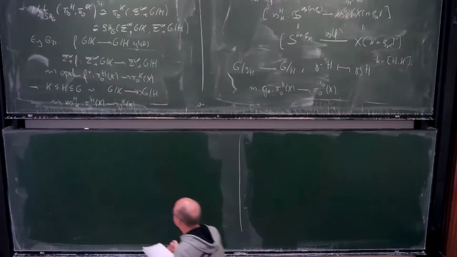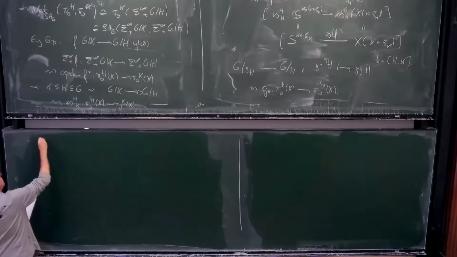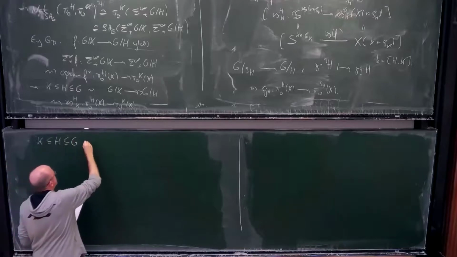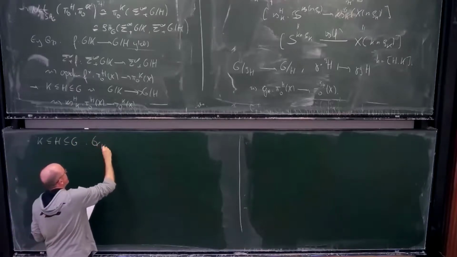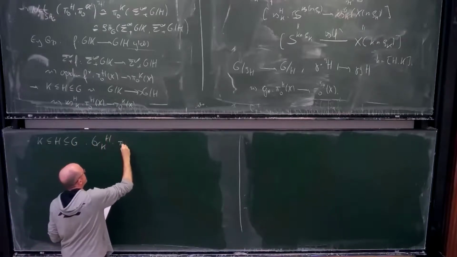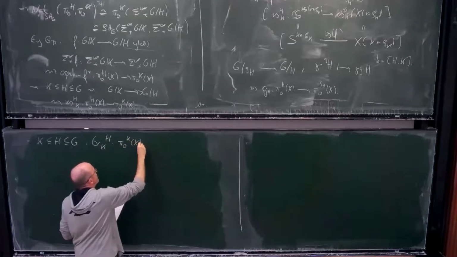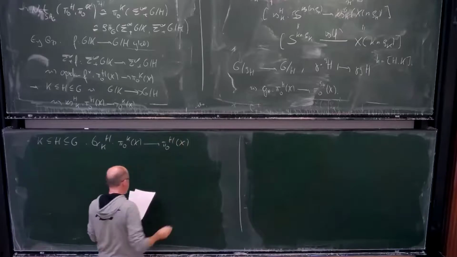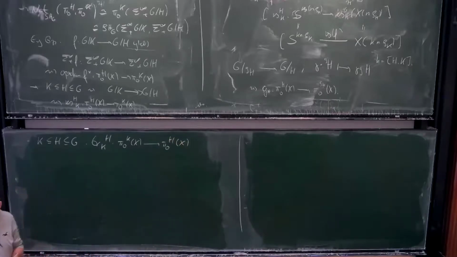So again, we have nested subgroups K in H in G, and the transfer from K to H will be a natural operation from pi 0 K equivariant of X to pi 0 H equivariant of X, and I'm going to give you 2 perspectives on it, and I think one of them was already mentioned at least briefly in the first exercise session, so maybe there's going to be a little bit of duplication here.